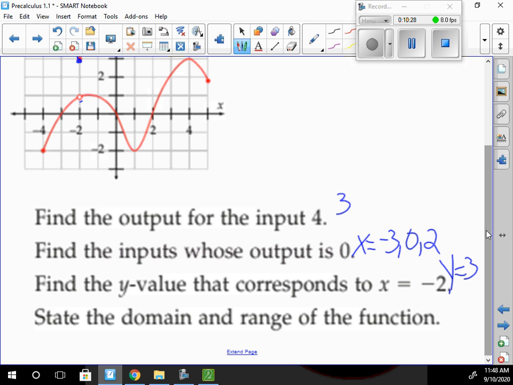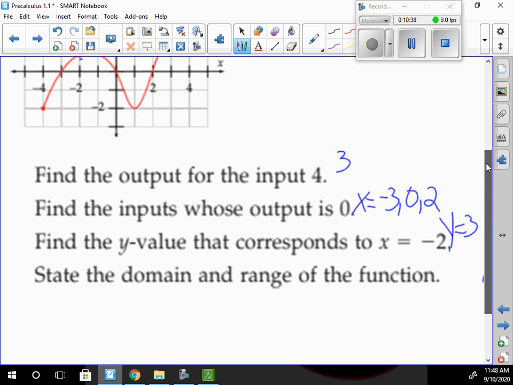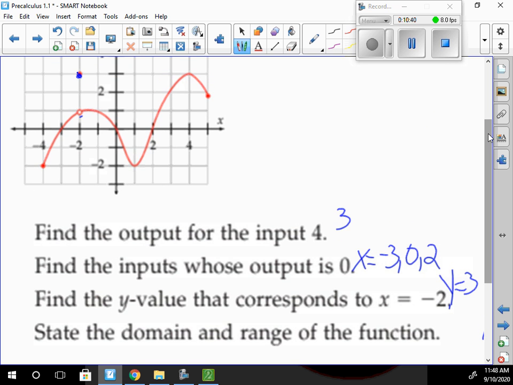Now it tells you to state the domain and the range of the function. This is a little different than what we had done before because we had actual ordered pairs. So now we have to figure out where this function exists. So our domain is still all the x's. So where is there red on this graph as far as the x's are concerned? It starts at -4. It goes all the way.